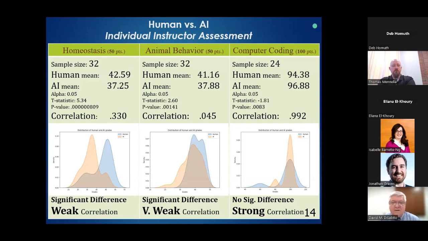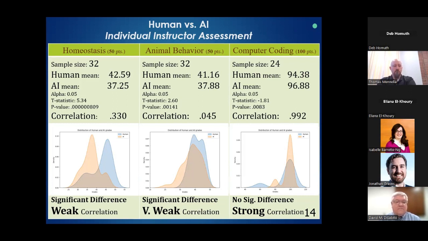So here are the actual results in the instructor individual assessments. If you look under homeostasis on the left, you can see the biology labs were scored out of 50 points, two on the left, and the computer coding was scored out of 100 points. In the homeostasis, if you look at the density distribution curves, you can see that the AI in peach is to the left, and the human curve is to the right.